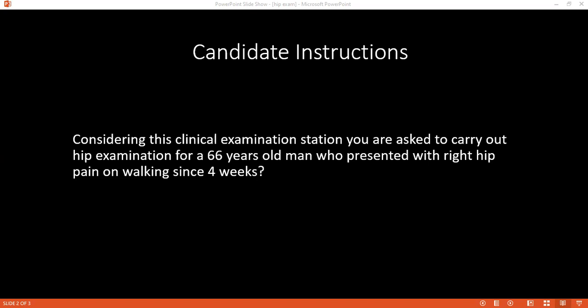All right. And for the internal and external rotation, what should we do? For internal and external rotation, you have to first flex the knee, then internally rotate, and then externally rotate.